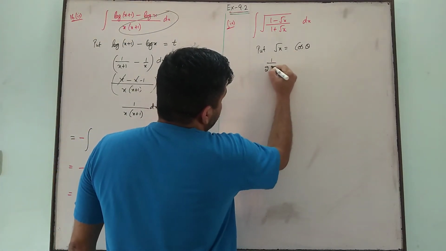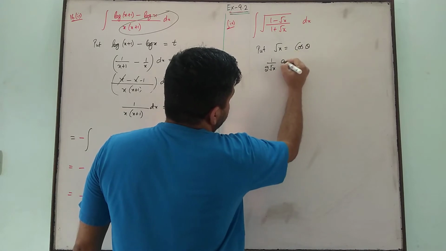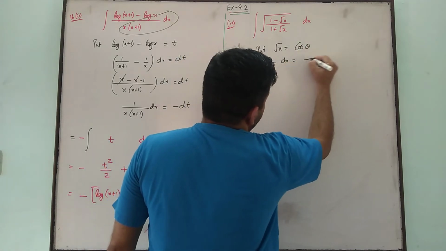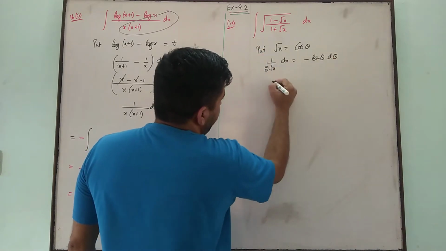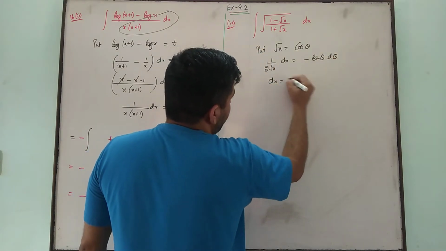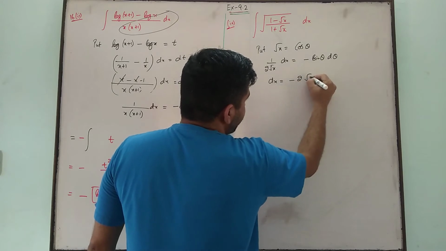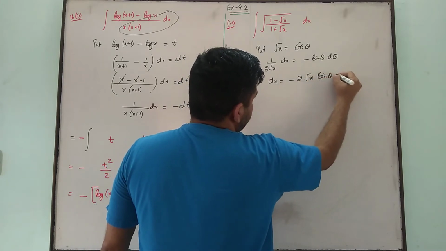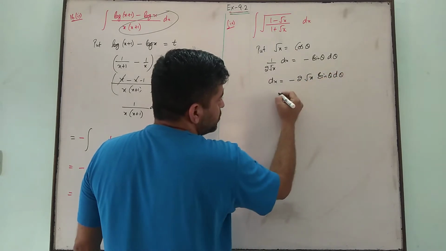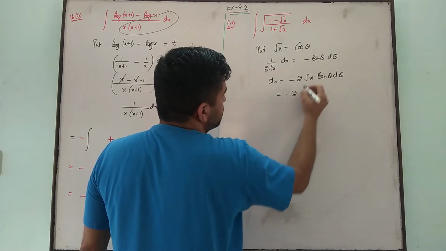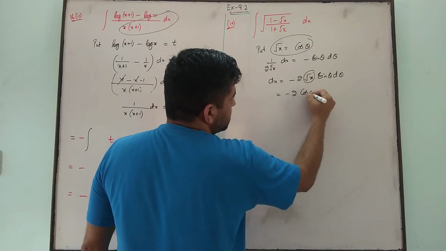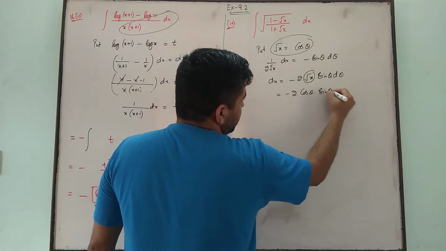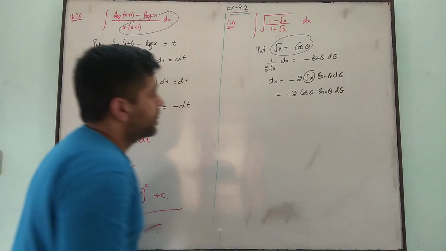1 upon 2 root x dx is equal to sin theta d theta, and dx is equal to minus 2 root x sin theta d theta. We need to convert dx into theta only, so root x from here we can get cos theta sin theta d theta, right?